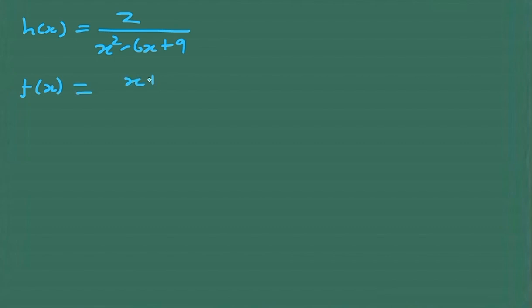First of all, let's write down the value of h of x. So this will be h of x equals 2 all over x squared minus 6x plus 9, and f of x was given to be equal to x plus 1, all this being divided by x squared minus x minus 6.